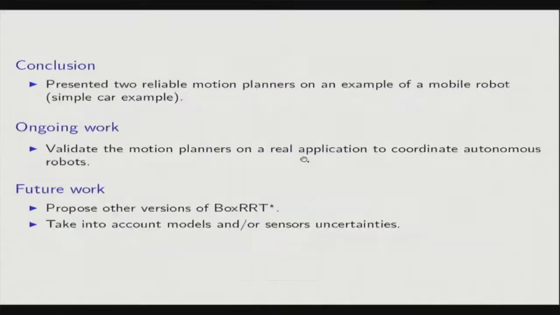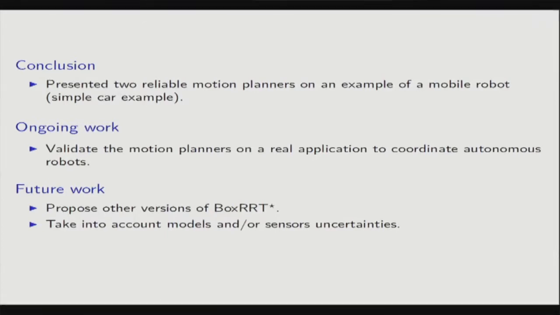So we proposed 2 motion planners which are reliable for a simple car model, but they can be extended to more complicated models. What we are doing now is trying to validate these motion planners on real-time applications, on real mobile robots.